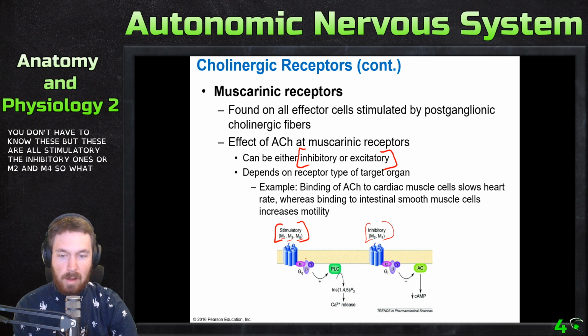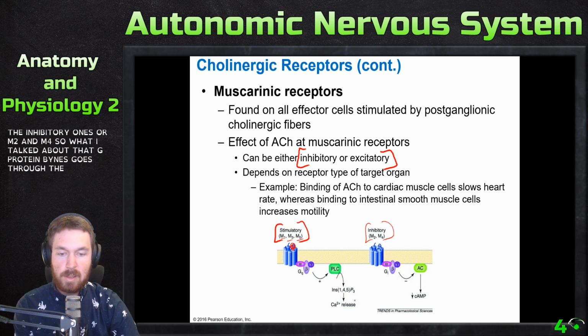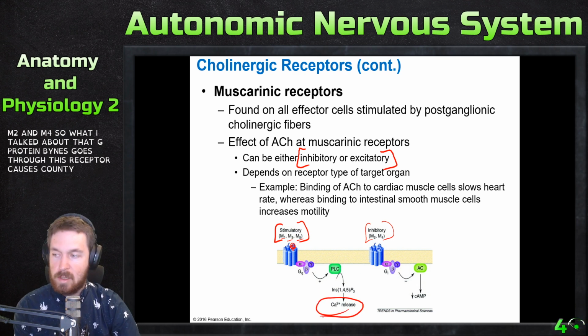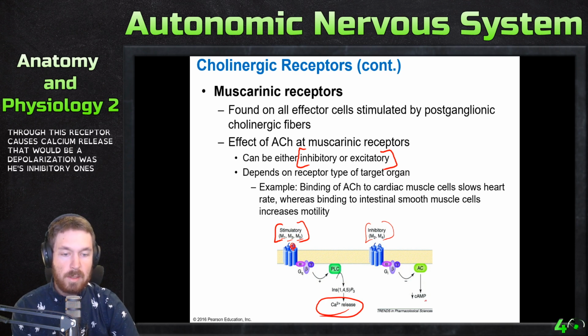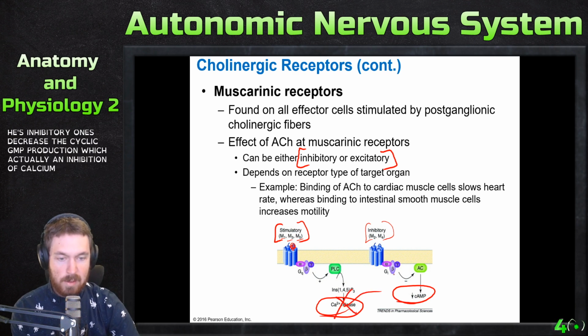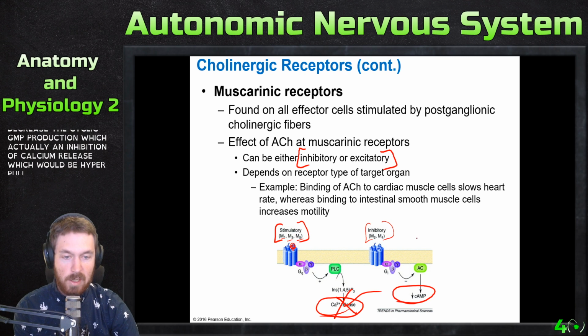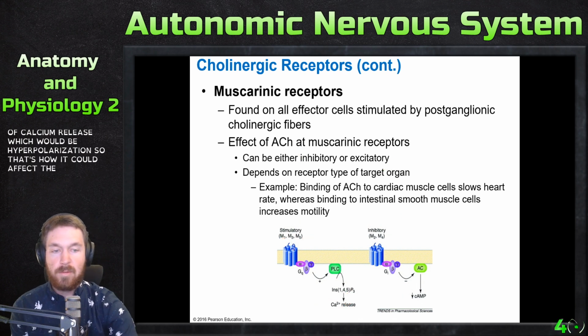What I talked about, that G protein coupled receptor, is kind of what the stimulatory ones do. Here, acetylcholine binds, goes through this receptor, and causes calcium release. That would be a depolarization. Whereas these inhibitory ones decrease cyclic AMP production, which causes an inhibition of calcium release, which would be hyperpolarization. So that's how it could affect the two different things there.